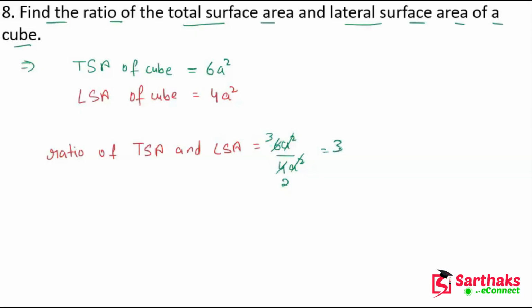So we get 3 upon 2. So the ratio of TSA and LSA is 3:2. Yes, 3:2. Okay, my dear friends, I hope you get this point.